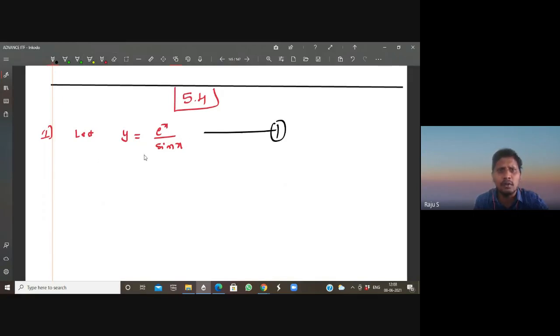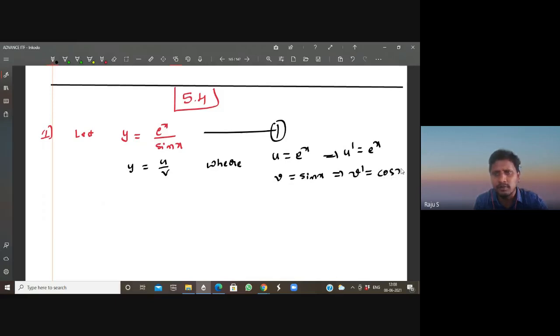You can compare this with u by v. This is in the form of u by v, where u is equal to e power x, which implies u dash is also e power x. The derivative of e power x is e power x. v is sin x, which implies v dash, nothing but dv by dx, is cos x.